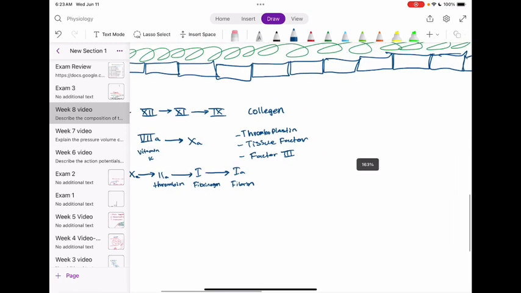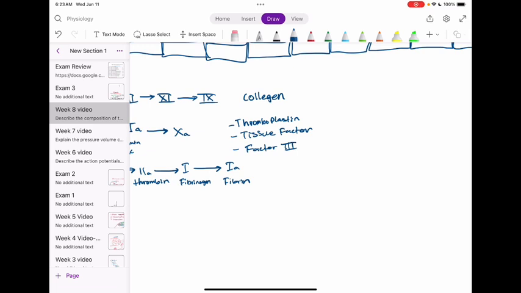And then there is a couple of drugs that will impair this. This has warfarin, and Coumadin.